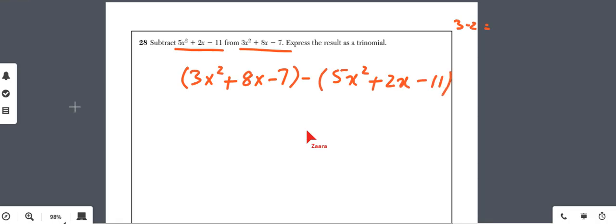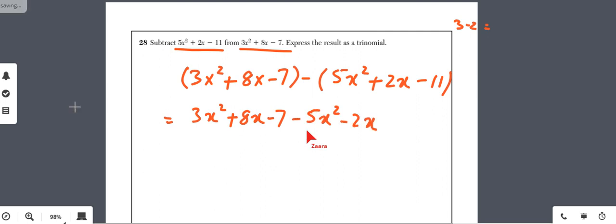Now, due to the negative sign, all the signs will be changed. So it will become negative 5x squared, negative 2x, and negative times negative 11, which turns into positive 11.